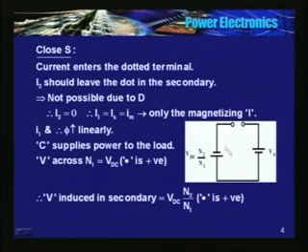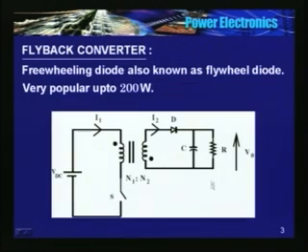So here is the equivalent circuit with the dot as positive. Okay. So what is the voltage that is appearing across the diode? VDC into N2 divided by N1 with this terminal positive, anode is negative.